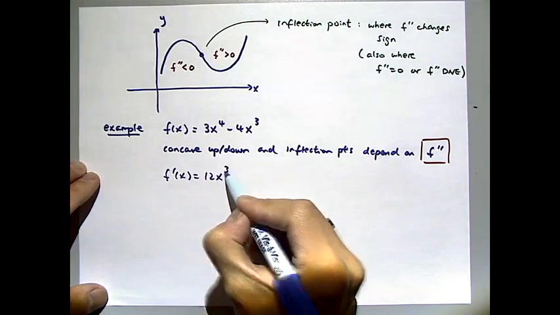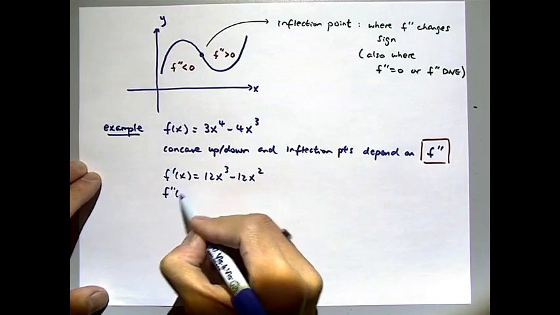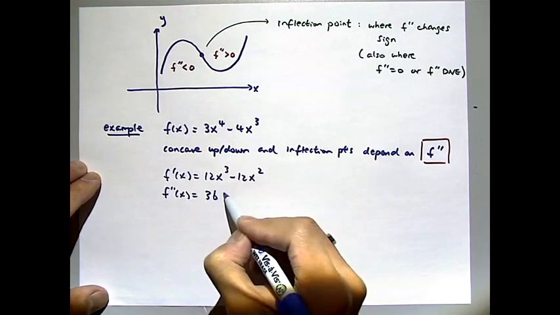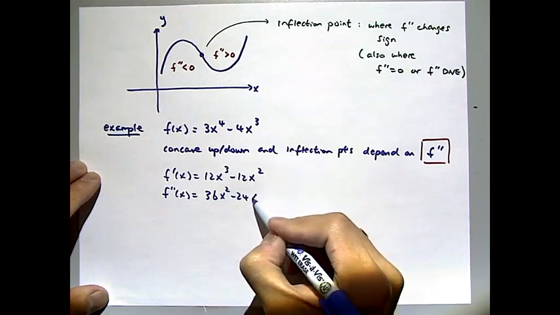First derivative is 12x cubed minus 12x squared. Second derivative is 36x squared minus 24x.